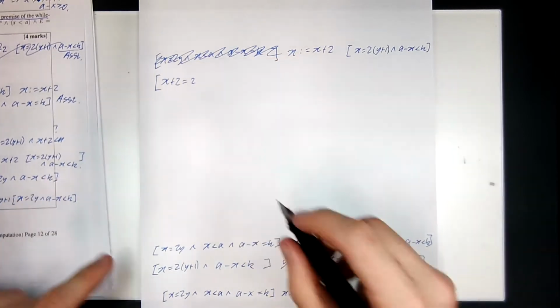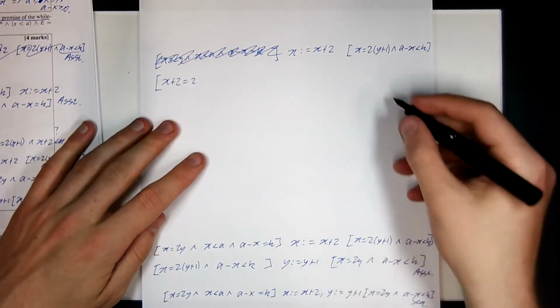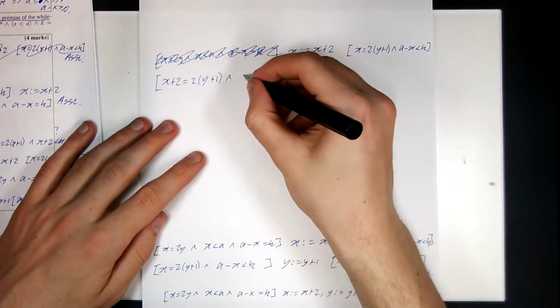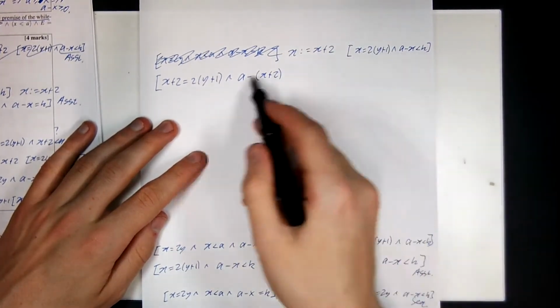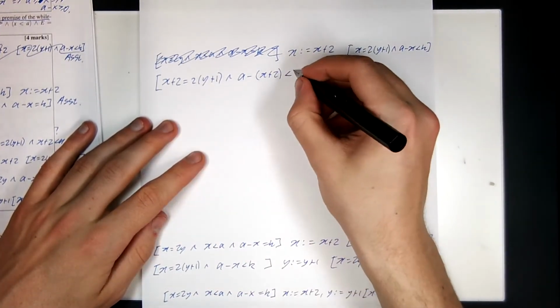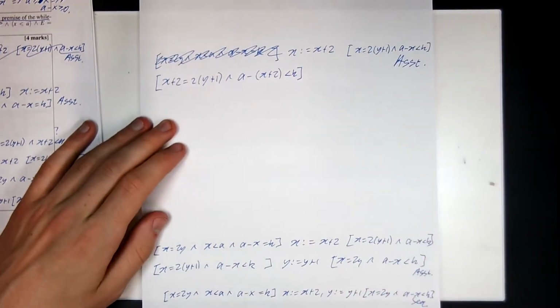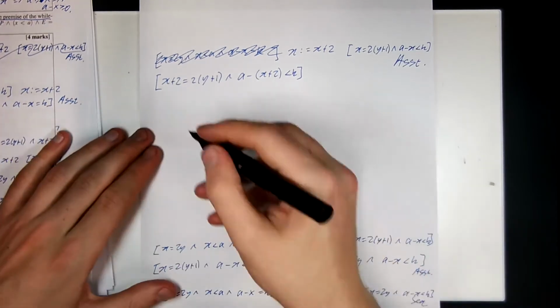I copied up the wrong postcondition. Okay. So replace the x's here with x plus 2's here. Straight by assignment. And then, if we pray really hard, hopefully this thing implies that thing.